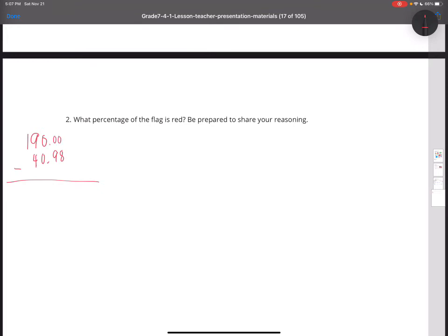I'm going to add my 2 decimals. I'm going to borrow from each whole number. But 10 minus 8 is 2. 9 minus 9 is 0. 9, 4, so 149 and 2 hundredths feet squared, or square feet. There we go.